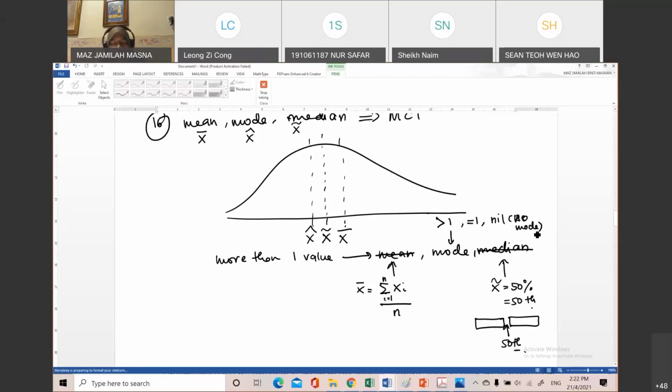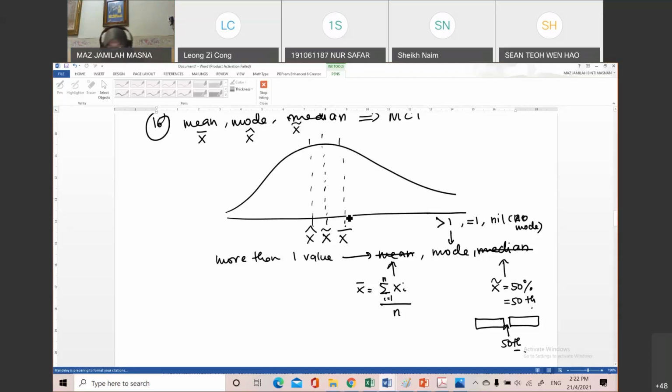So mode will be the only measure of central tendency that can have no value at all, can have one mode, can have 2 modes, can have 3 modes, or so on, depending on the data that you have in hand. So I hope by now everyone understands the difference between mean, mode, and median, and which of these can have more than one value.